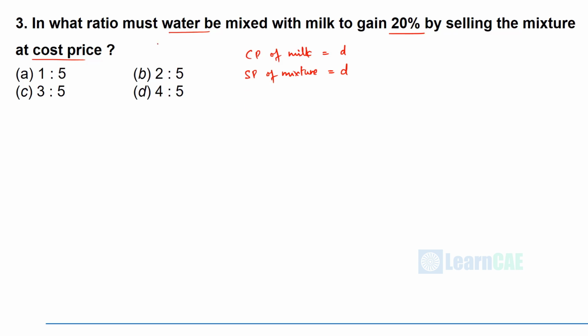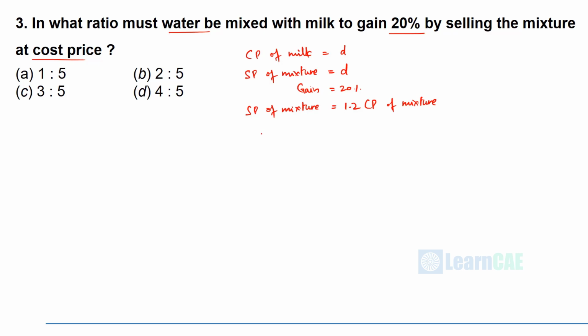Therefore, they are having a gain of 20%. Gain is equal to 20%. Therefore, selling price of mixture is equal to 1.2 times the cost price of mixture. Okay, I hope this is clear.